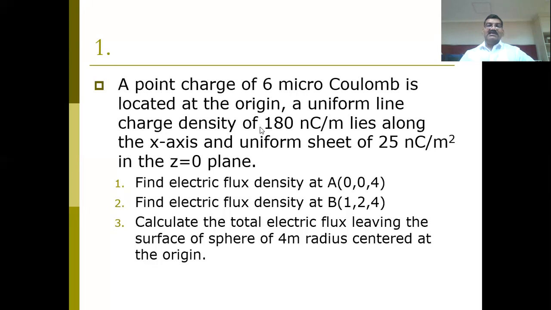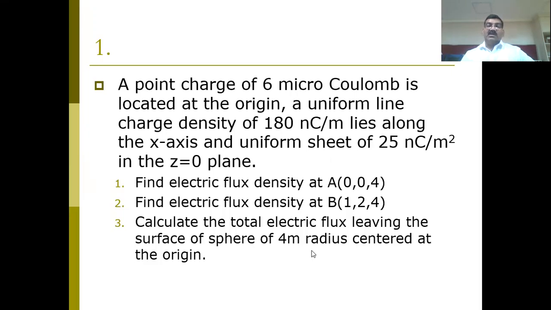This line charge is along the x-axis. With a 4 meter radius, the line charge inside will be 8 meter, the diameter. It is 180 nanocoulomb per meter, so 8 meter into 180, that much charge will be inside.